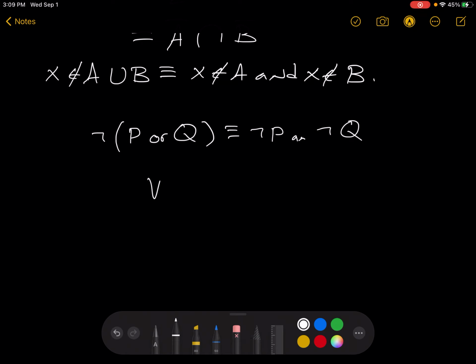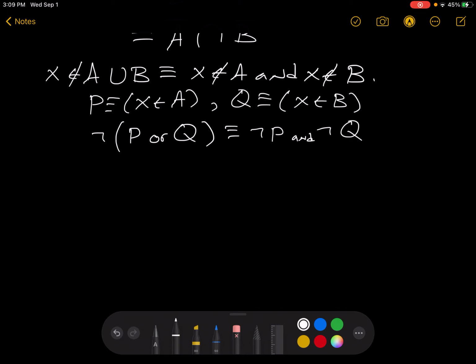Make this into an and. And now we're going to say that P is the statement X is in A, and Q is the statement X is in B.